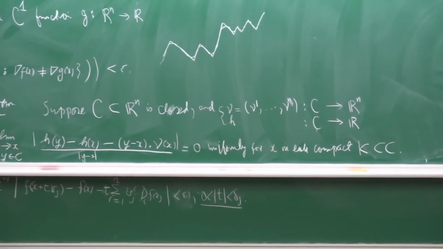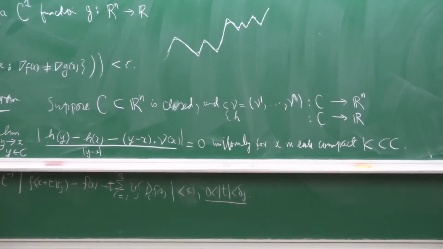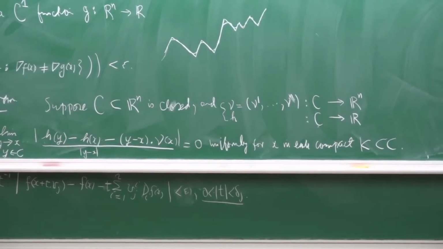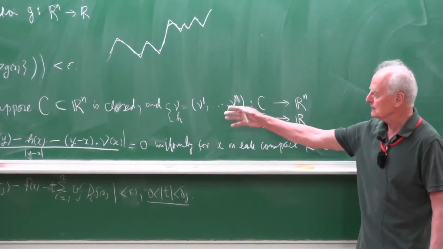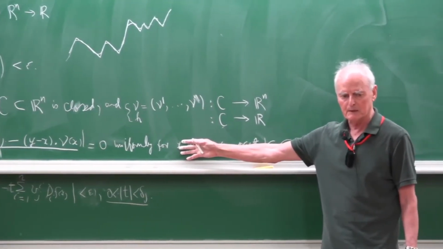For the moment, it must look a little bit odd. That's the hypothesis, anyway, of the Whitney theorem. You suppose that you've got two such functions, a vector function and a scalar function with this property.